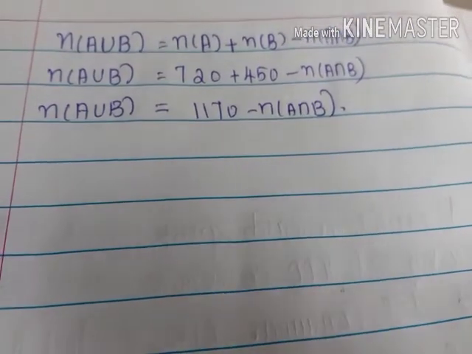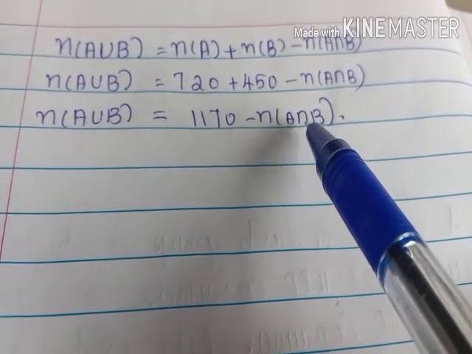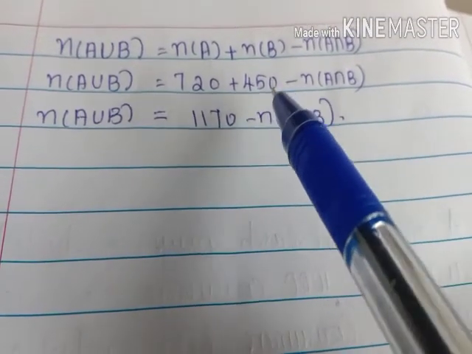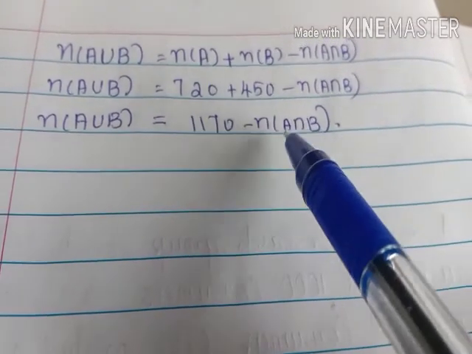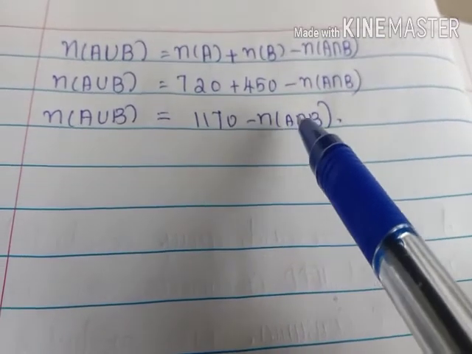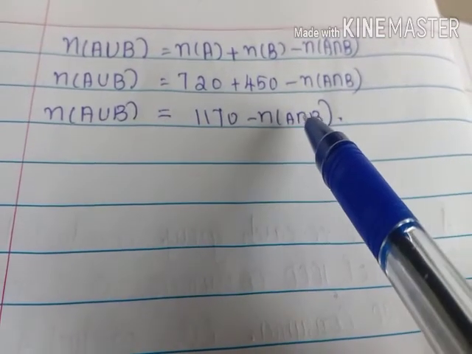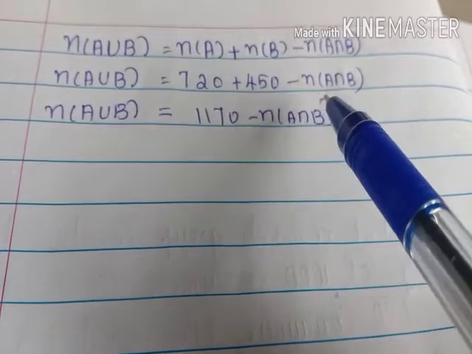Both the products means product A and product B. So we want to find the minimum value of n of A intersection B.